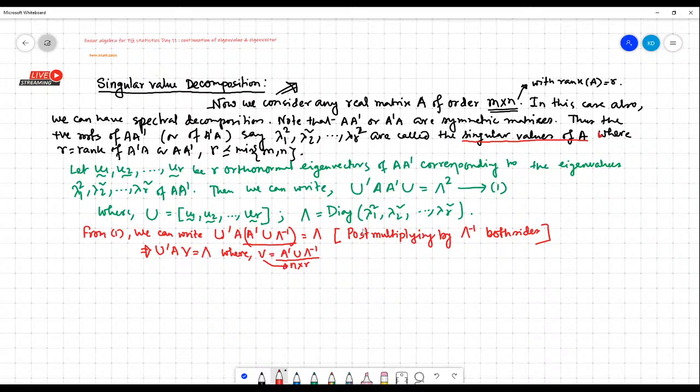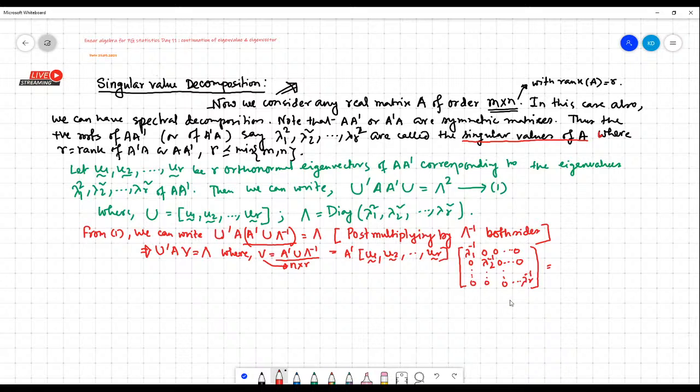Again, V is written as A prime times U, which is nothing but U1 curl, U2 curl, up to Ur curl, times lambda inverse, the diagonal matrix whose diagonal elements are lambda 1 inverse, lambda 2 inverse, lambda r inverse.